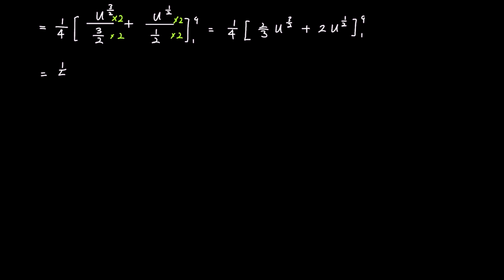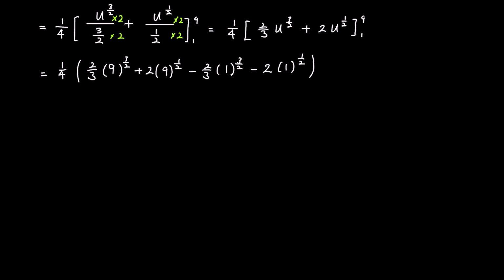The expression becomes 1 over 4 times 2/3 times 9 to the power of 3 over 2 plus 2 times 9 to the power of half, minus 2/3 times 1 to the power of 3 over 2, minus 2 times 1 to the power of half, which simplifies to 1 over 4 times 2/3 times 27 plus 2 times 3, minus 2/3 minus 2.